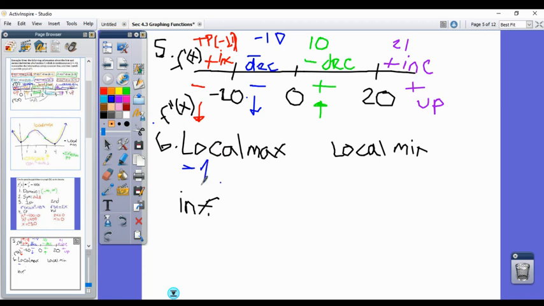Okay, there we go. Negative 20. And if I plug in negative 20 to my original equation, I'm going to get 5,333 and a third.